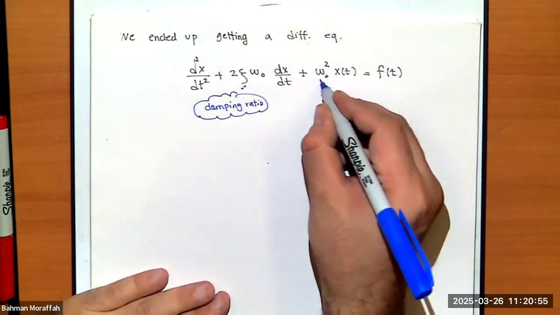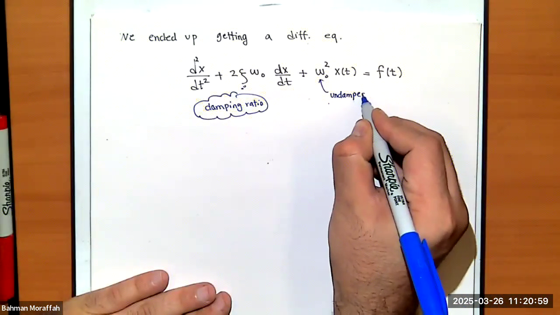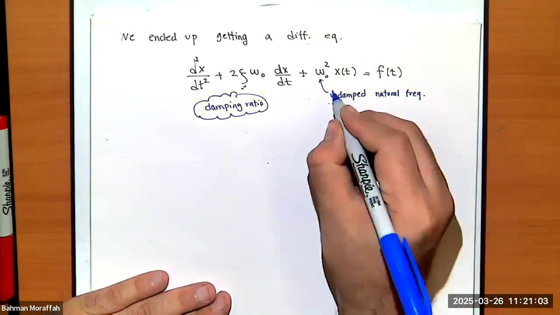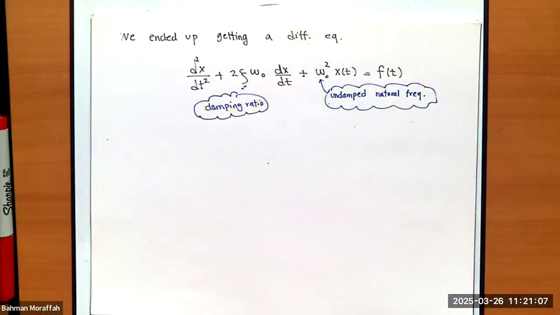And then we said this omega naught is the undamped natural frequency, which was telling us, if we have a sinusoidal solution, how fast this solution oscillates, right?